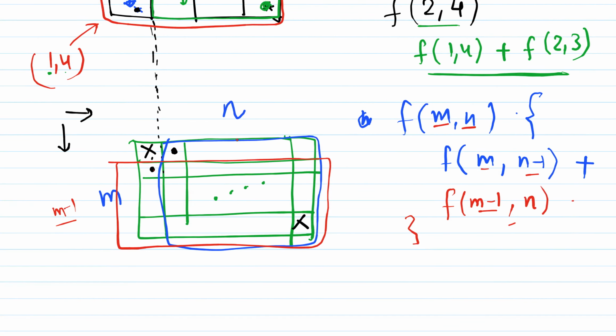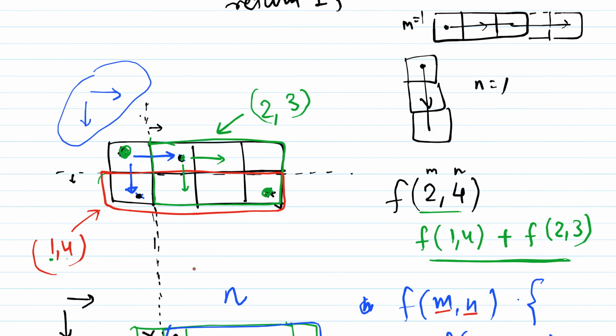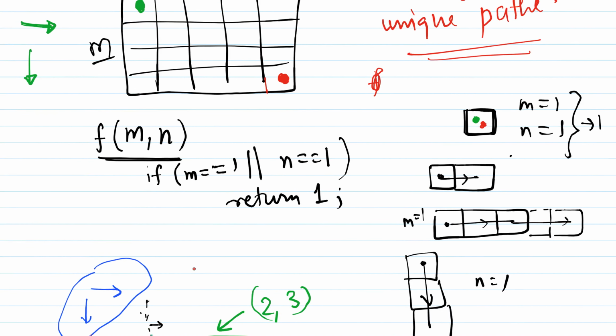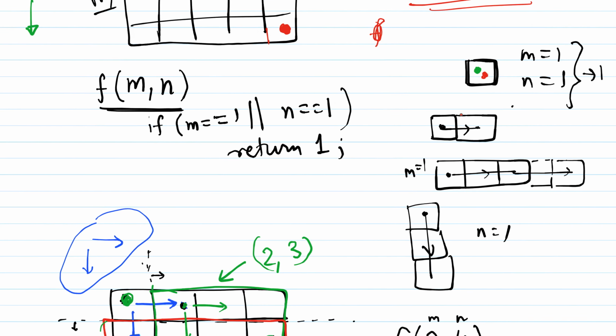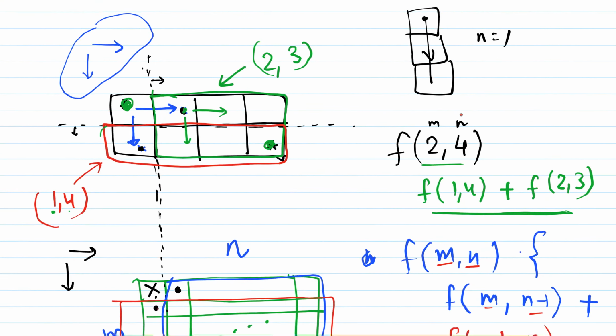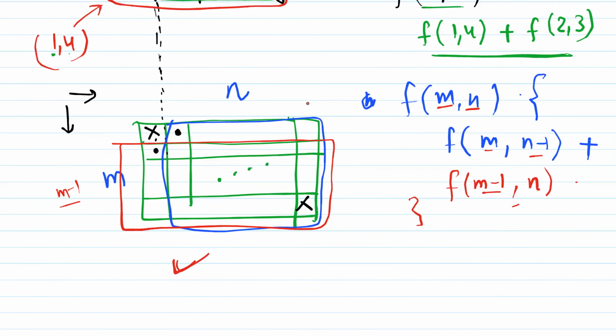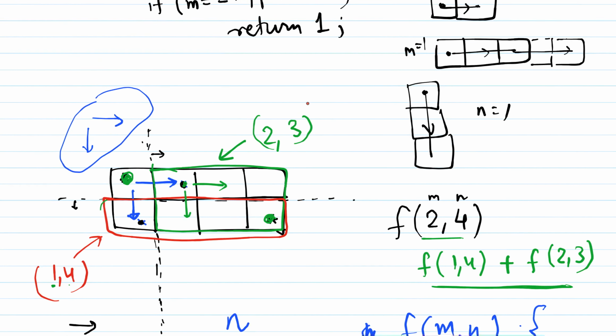I hope this problem gave you enough intuition about recursion. You should always think of some base case, and not just the base case. After the base case, don't directly jump to the generic case, but it would be good to take a few examples like this, where you can manually write down all the cases.